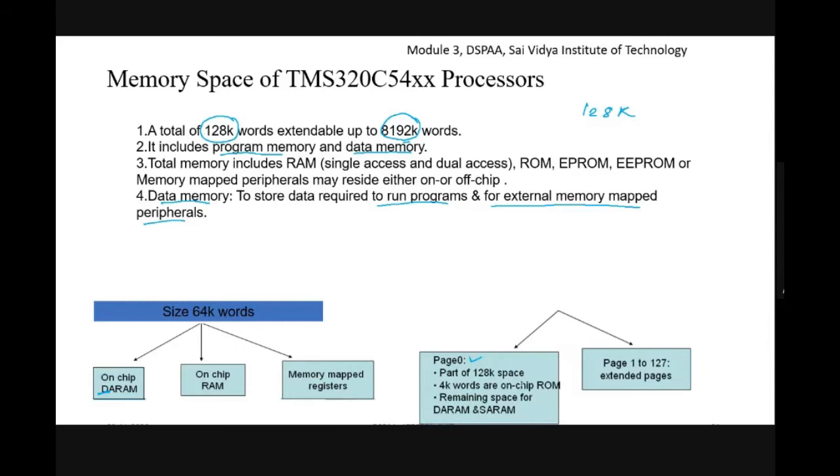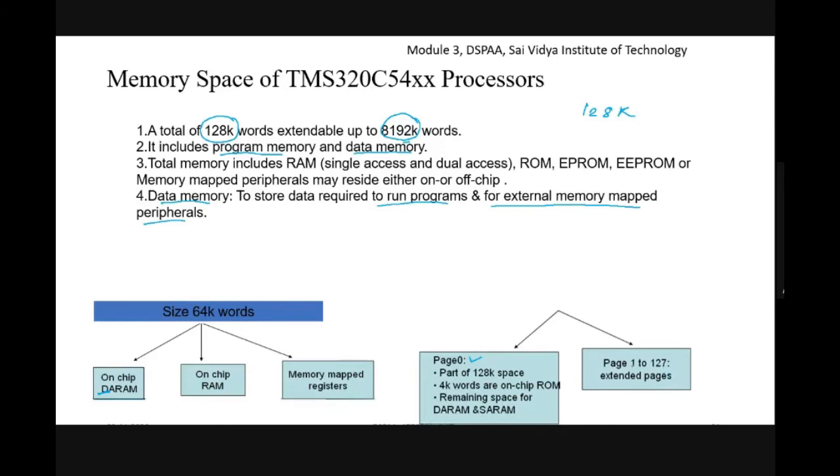In that 128K, 4K words are on-chip ROM, and the remaining space is for dual access RAM and single access RAM. DA stands for dual access, SA stands for single access. We have pages 1 to 127 as extended pages, so totally 128 pages.